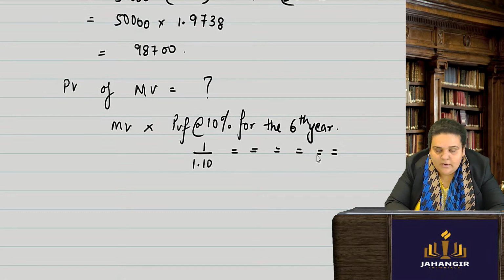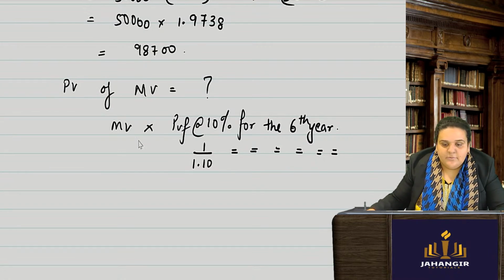Okay. I don't have to take cumulative. Won't do M plus. Just 1 divided by 1.10, 6 times. 1, 2, 3, 4, 5 and 6. 6 times on your calculator it will come as 0.5644. So your maturity value is 98,700. Multiply that by the PV factor.